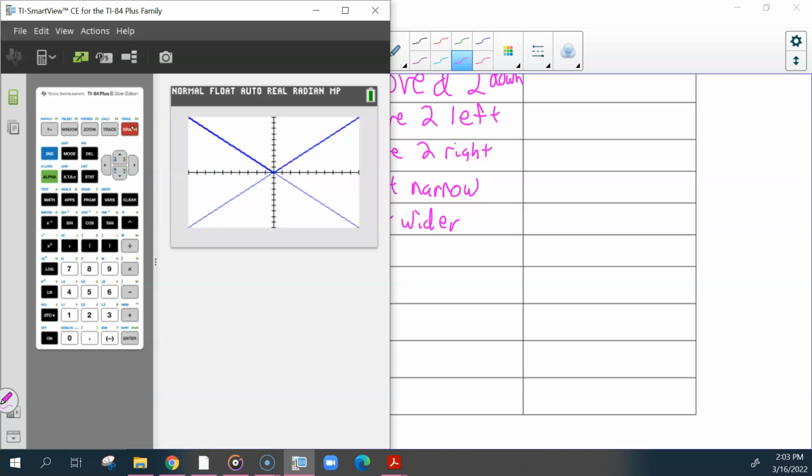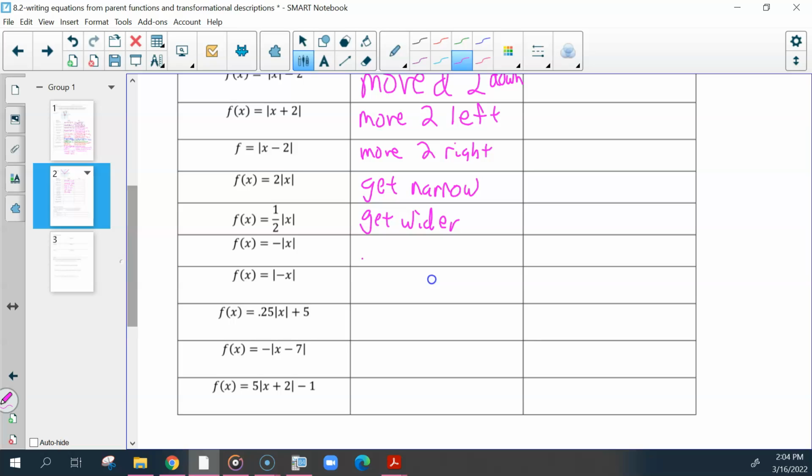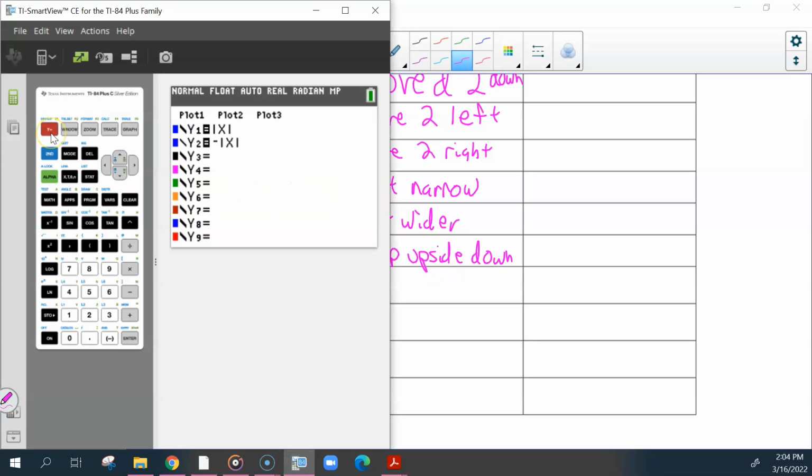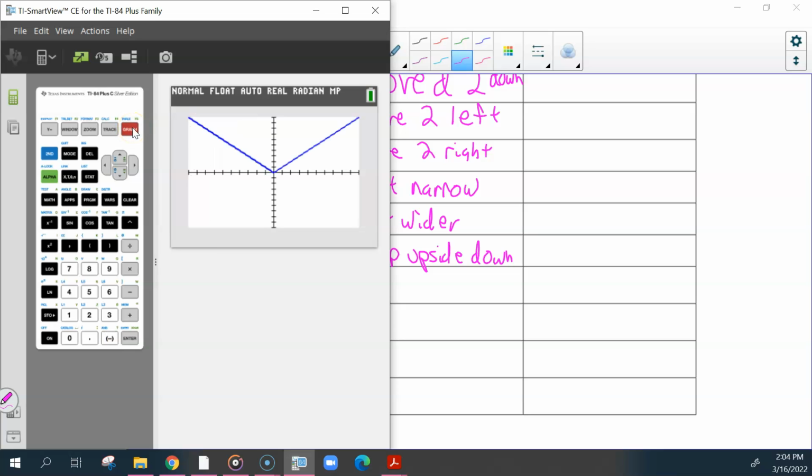So that still does what we did before: flip it upside down. But the other one is on the inside. Do that, it doesn't look like anything else.